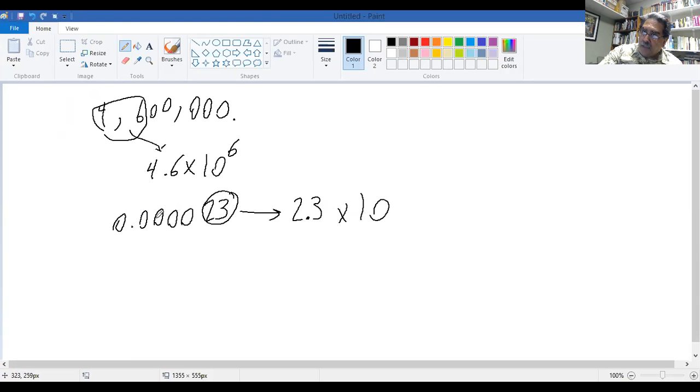The decimal point is here. I moved it 1, 2, 3, 4, 5, in that direction. So this has to be in a negative direction. This is negative, so this should be 10 to the power of minus 5.